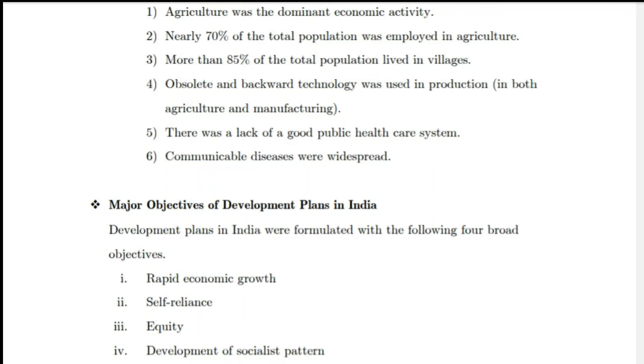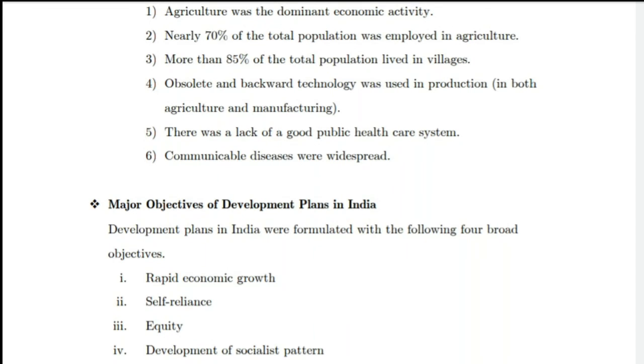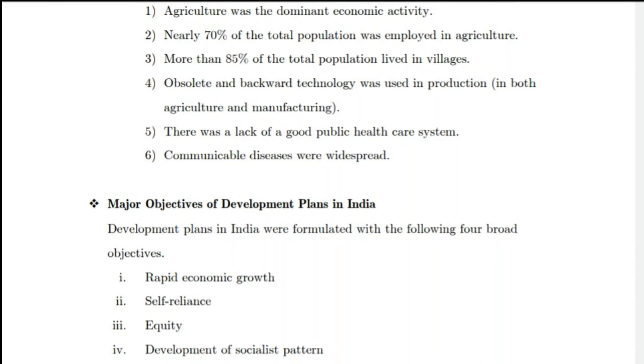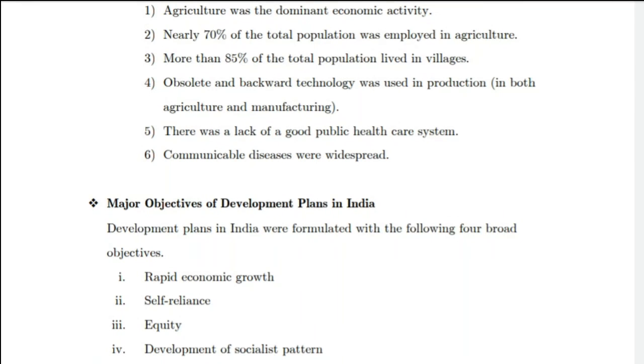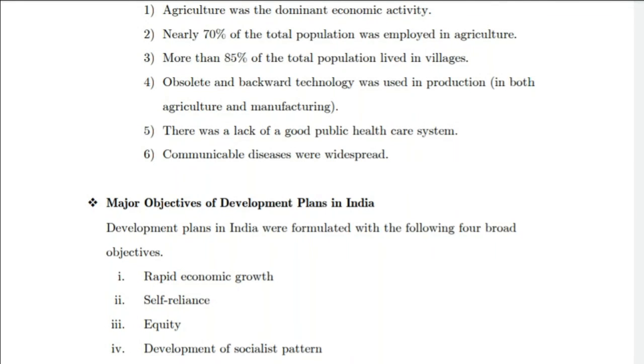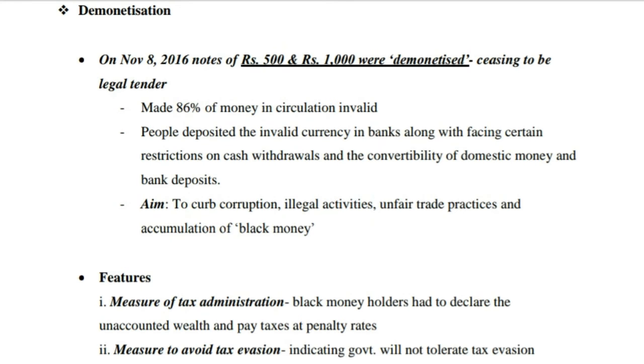There was a lack of a good public health care system. 6. Communicable diseases were widespread. Major objectives of development plans in India. Development plans in India were formulated with the following 4 broad objectives. 1. Rapid economic growth. 2. Self-reliance. 3. Equity. 4. Development of socialist pattern.